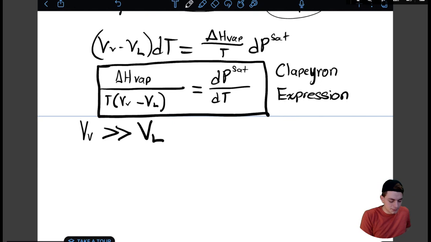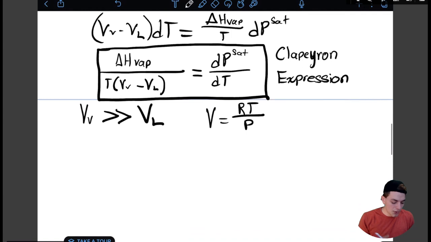The other assumption that we are going to make is to define the volume of the vapor phase as following the ideal gas law. So we can say the volume is going to be equal to gas constant times temperature over pressure. Now we're basically going to ignore the liquid phase component at this point and rewrite the Clapeyron expression as such.